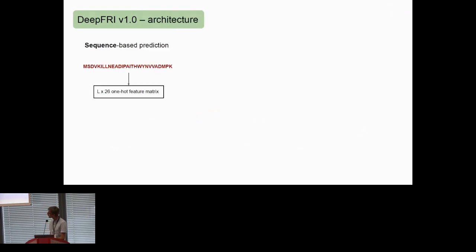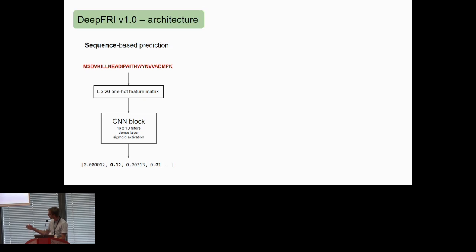A little bit of details. You can use DeepFry in 2 modes. The first one is sequence-based. So the sequence is one-hot encoded into a feature matrix, and then the feature matrix is passed through a CNN block. And as an output, you have a dense vector of predictions of GO terms.